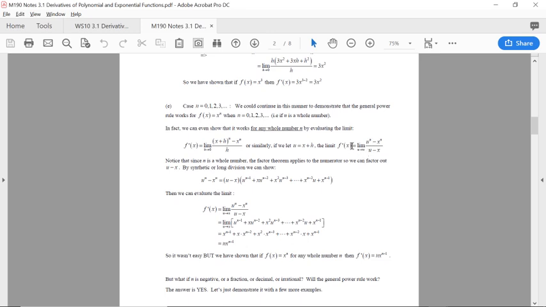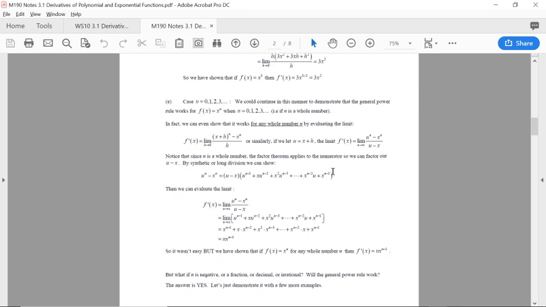We have u to the n minus x to the n over u minus x. And we can notice, of course, if we were to run the limit here, if we were to take u to approach x and just plug x in for u, we're going to get 0 over 0 in this ratio, the indeterminate form, because both are approaching 0 in the sense of the limit.